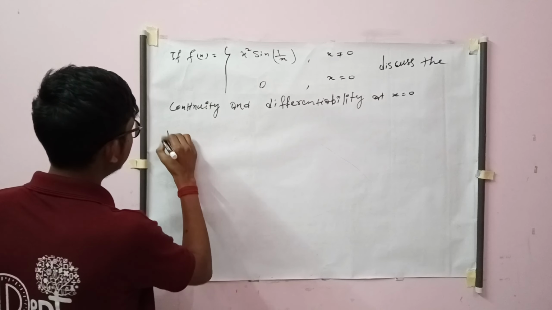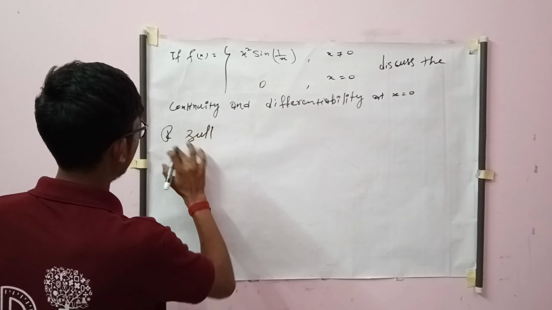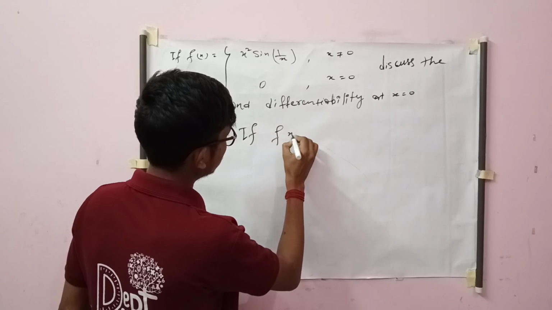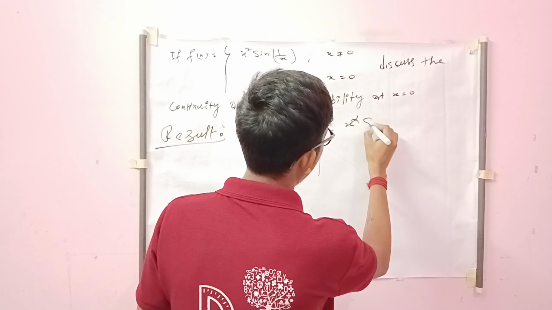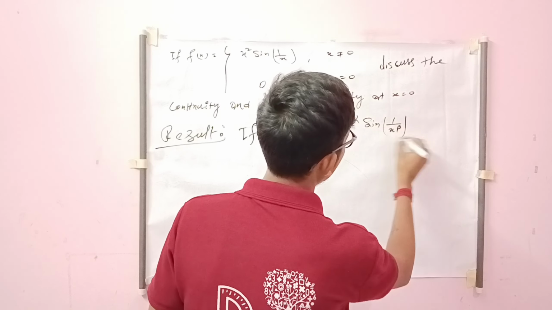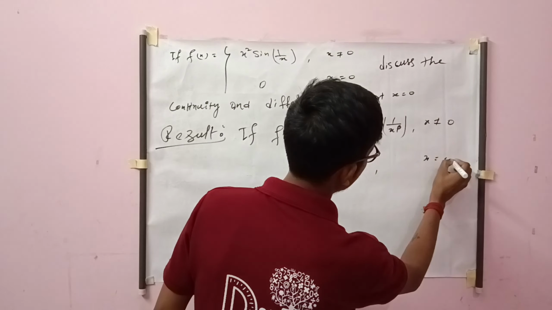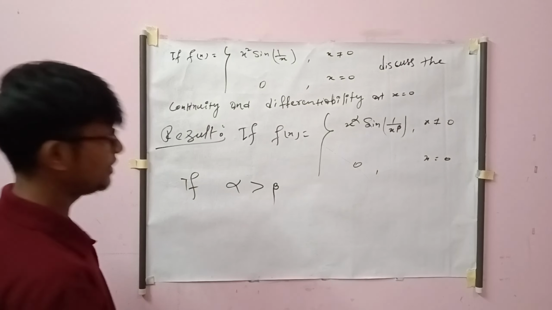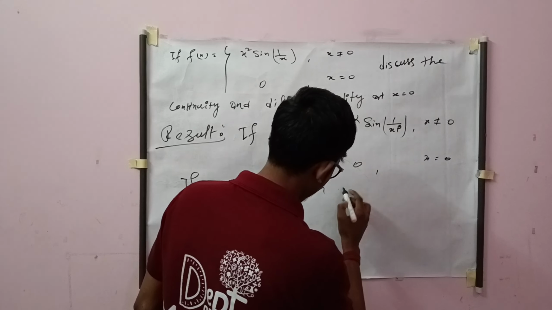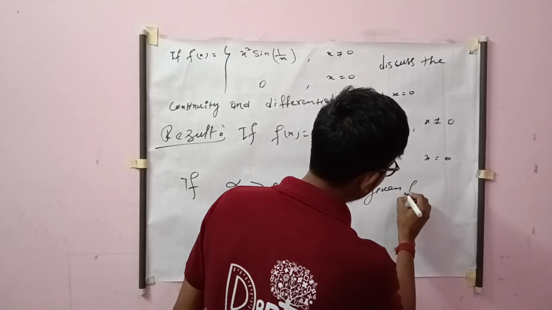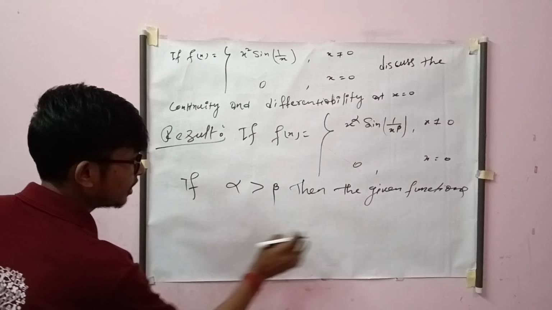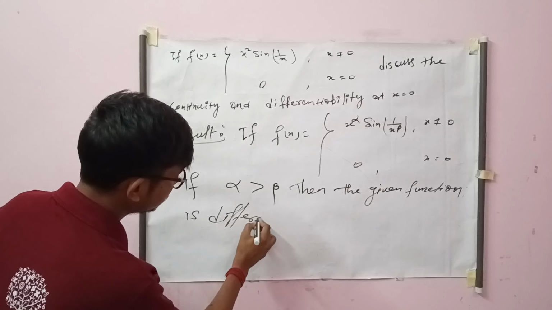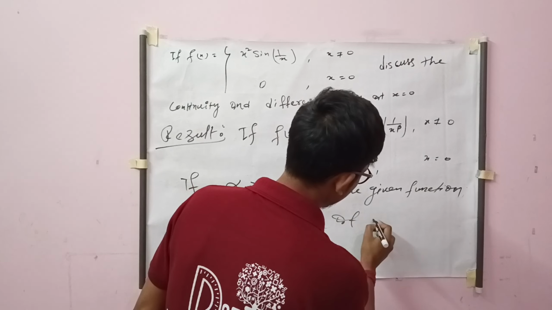One result is there: if f of x equals x to the power alpha sin 1 upon x to the power beta when x is not equal to 0, and 0 when x equals 0, then if alpha is greater than beta, the given function is differentiable at x equal to 0.